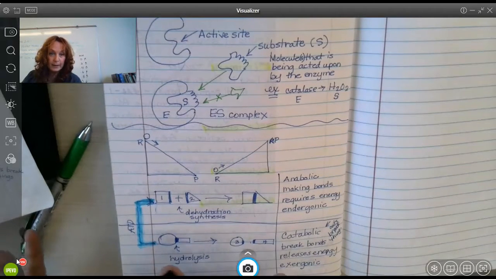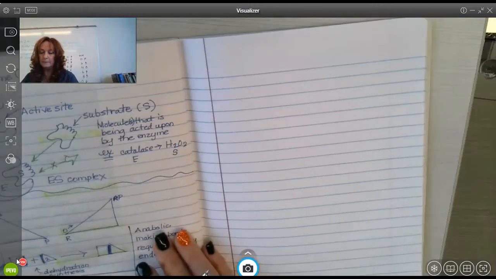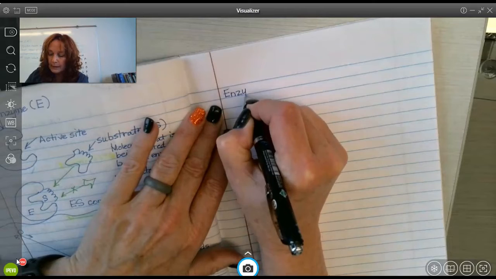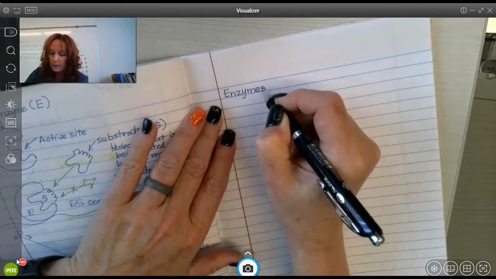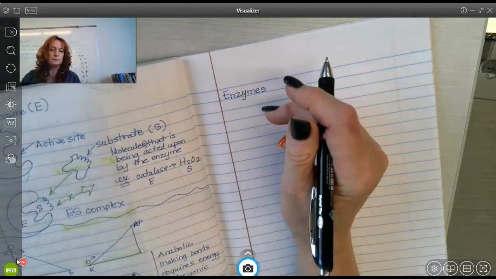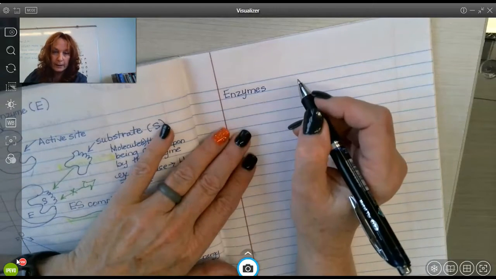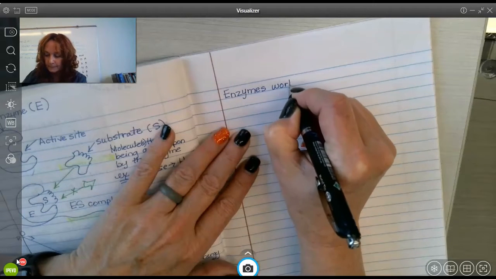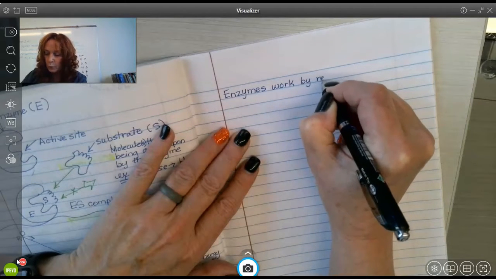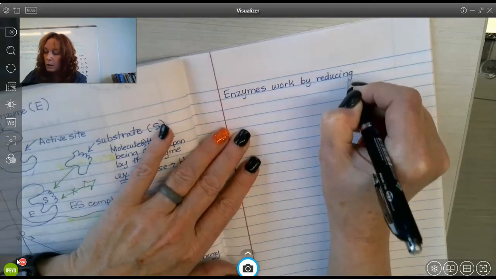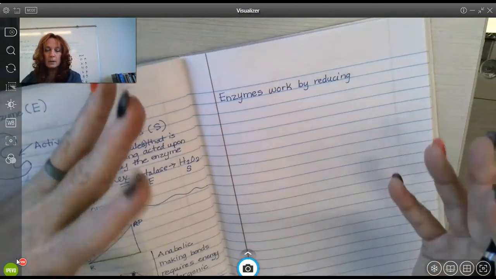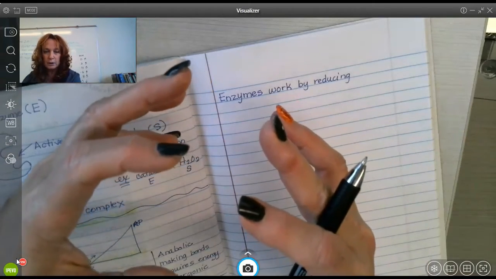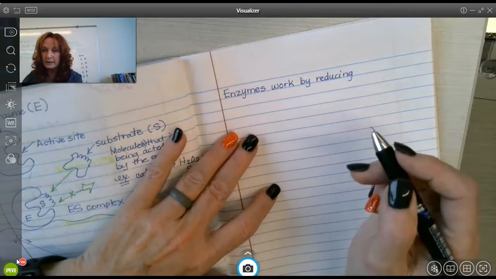Now that we understand what the whole enzyme piece does, let's write that over here. Enzymes, their job: first of all, they're proteins. They work by reducing all of that random proper orientation, proper energy of the collision, the energy of activation.